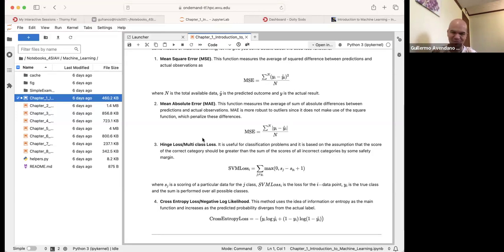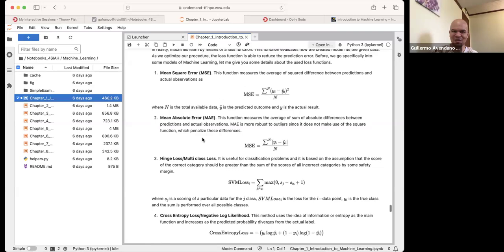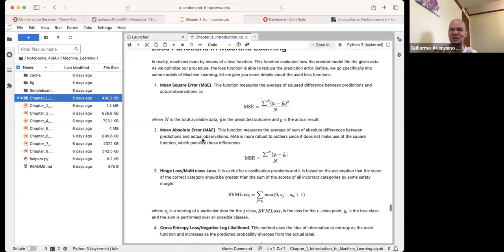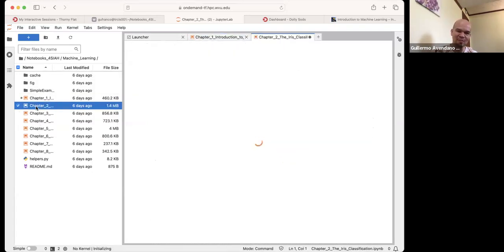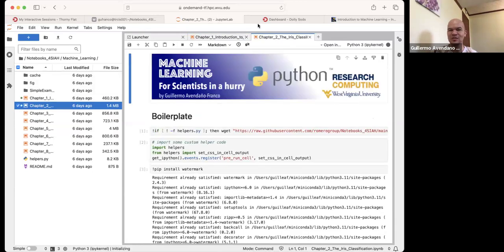They just work better. But those are functions to identify the losses, and with this, I think I have time, at least half an hour, for showing you the next notebook, which is in the next section, but I will try to go for another notebook in the time that we have.